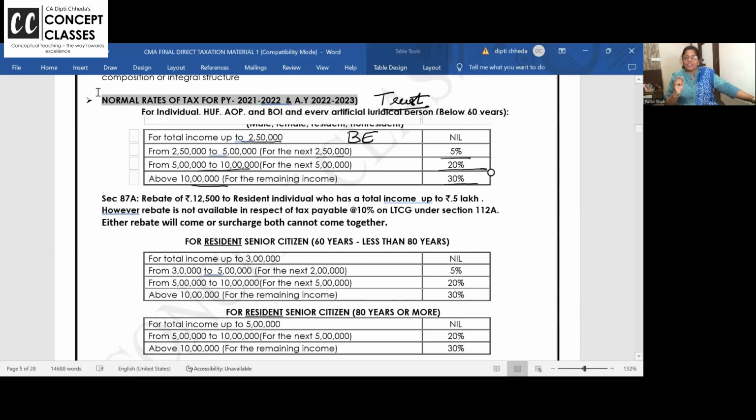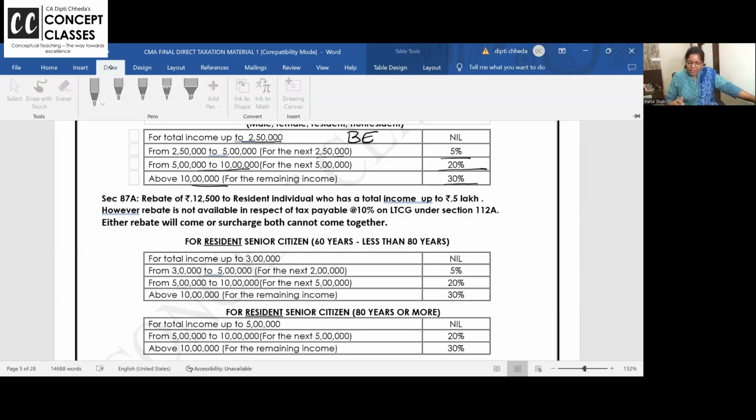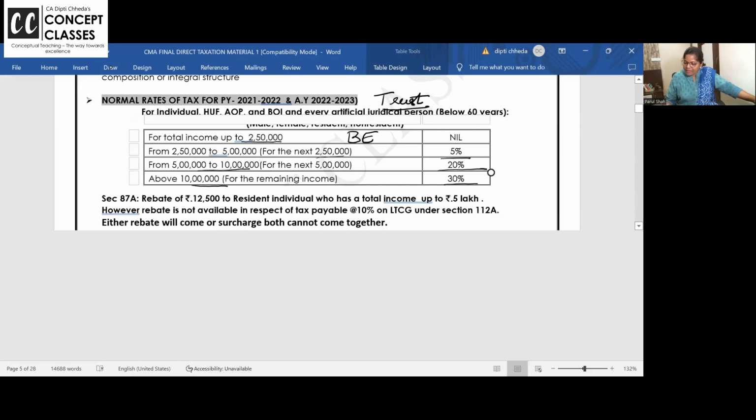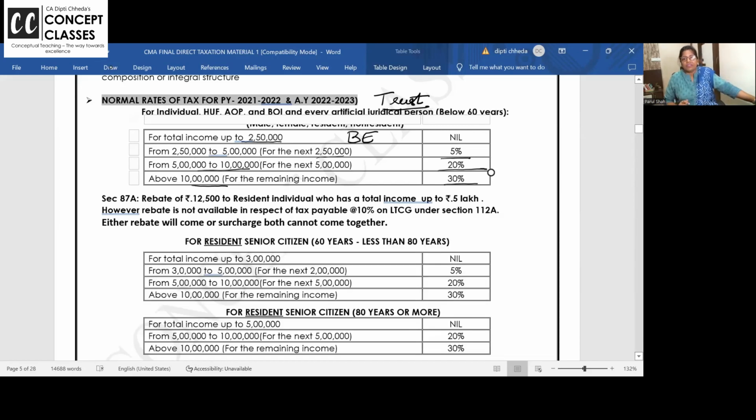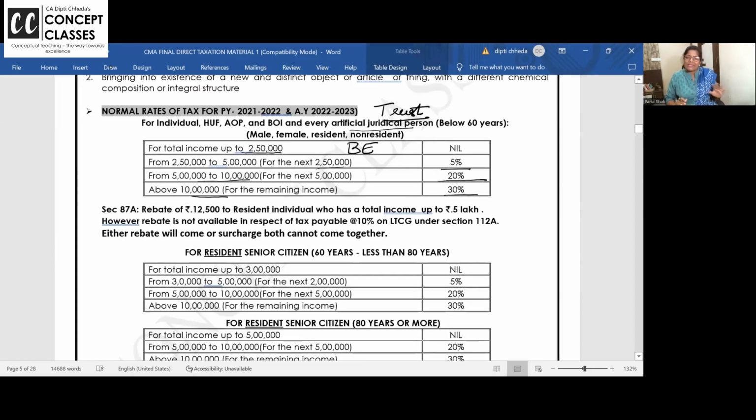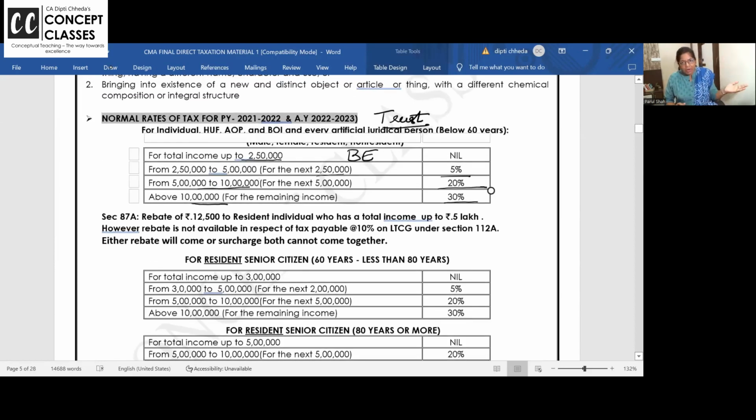The new scheme, dear students, which the last two exams have been asking for 7 and 8 marks, is called the alternative tax regime, section 115BAC. We will do that in the next part: one full class where I will teach you how to work out problems also. These are the normal slab rates, which have been there from earlier.